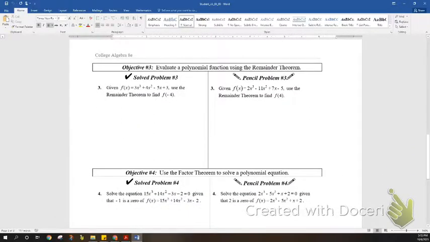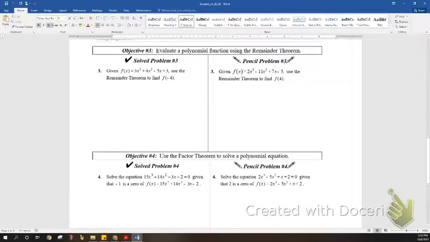So let's try this. On the solved problem number 3, let's find what our remainder would be if we divided by the x plus 4. So we're going to find f of -4. All right, so I'm going to plug all that in, and guys, I'm going to be lazy.